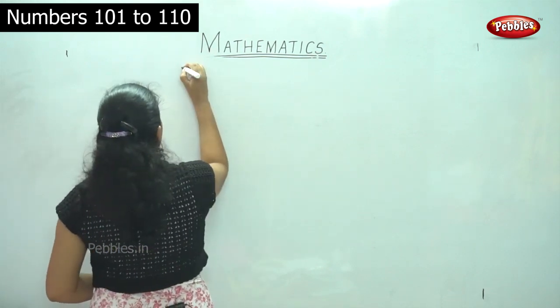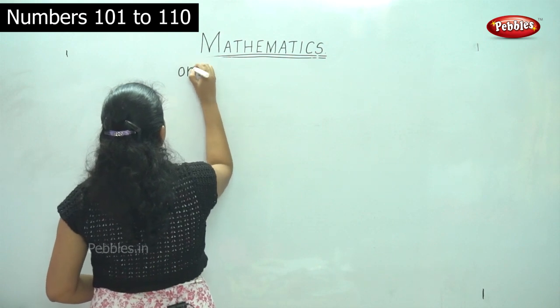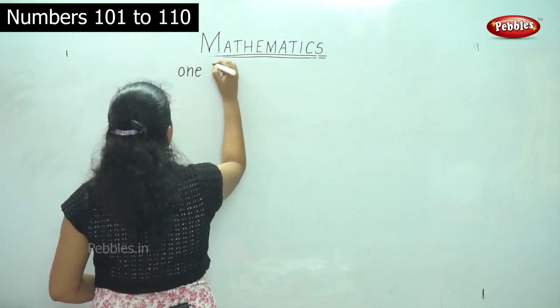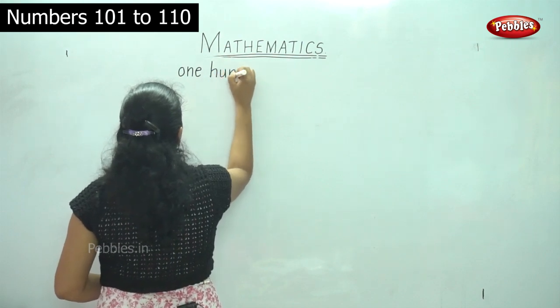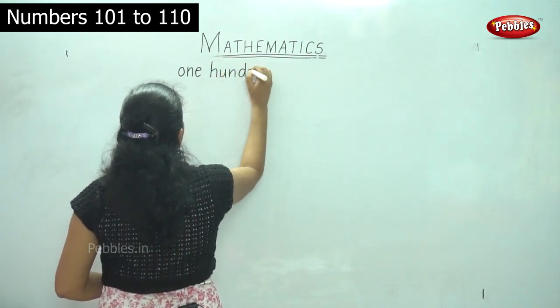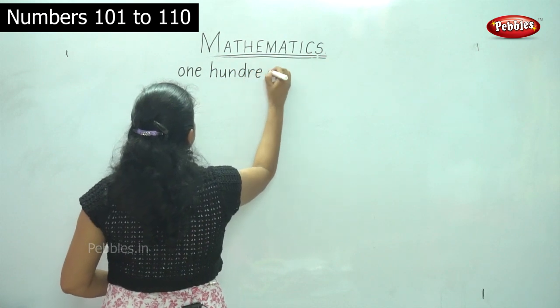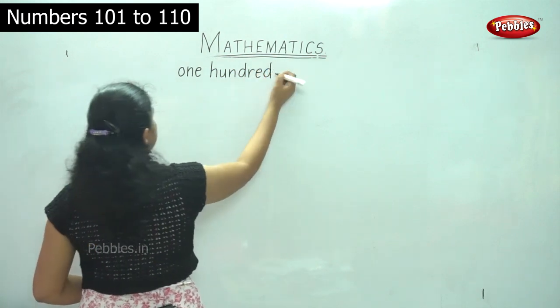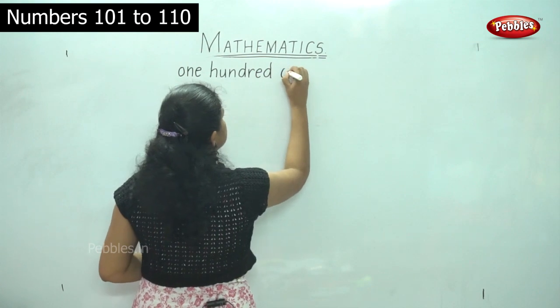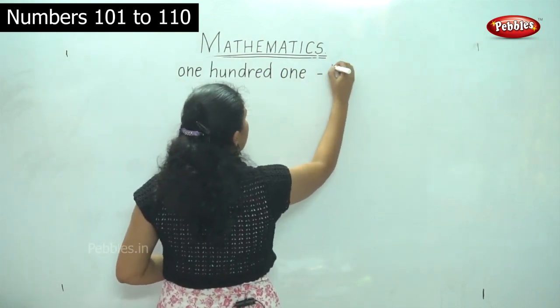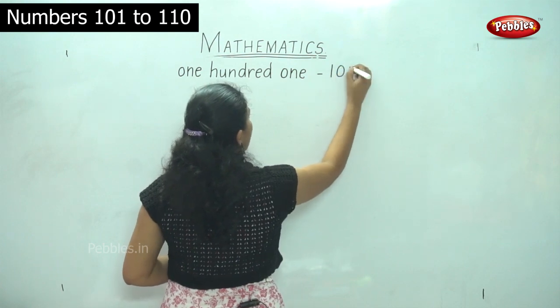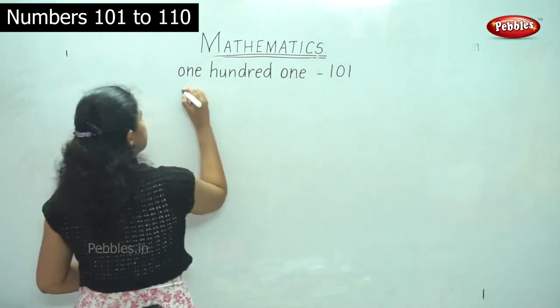So we'll write O-N-E, H-U-N-D-R-E-D, 101.